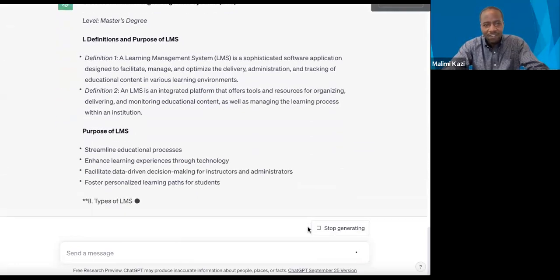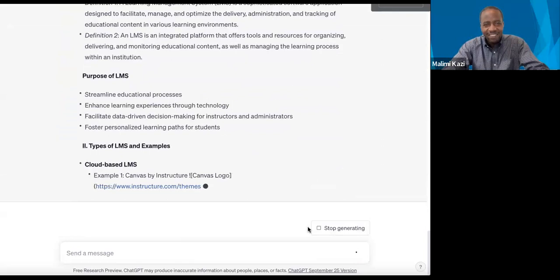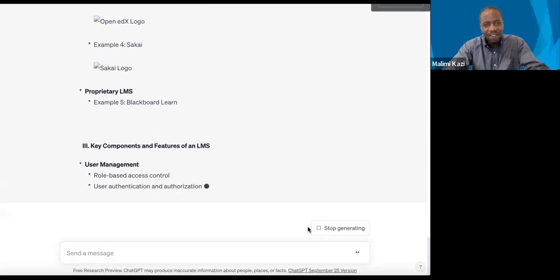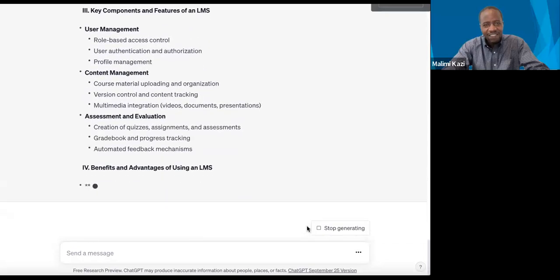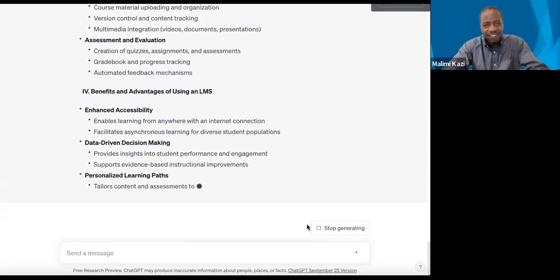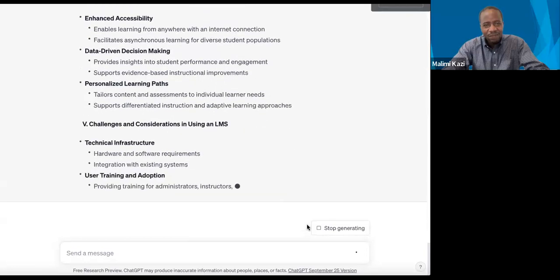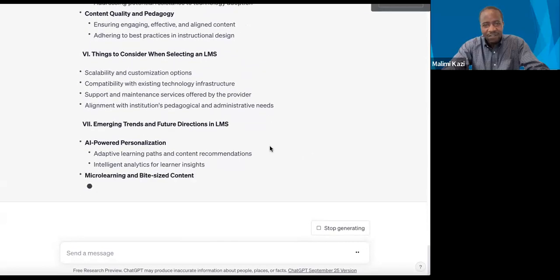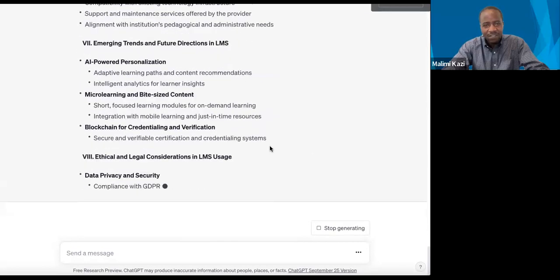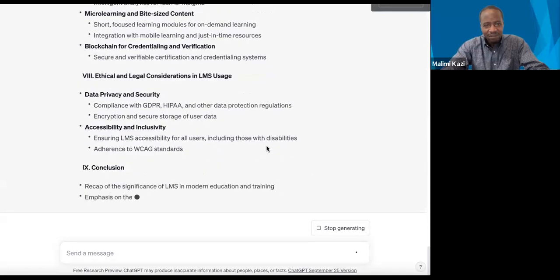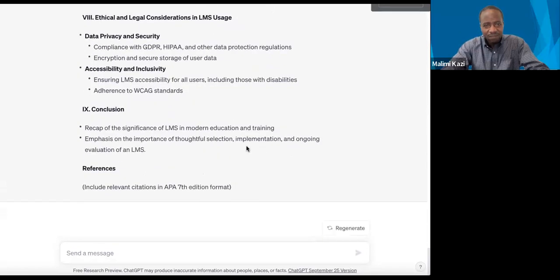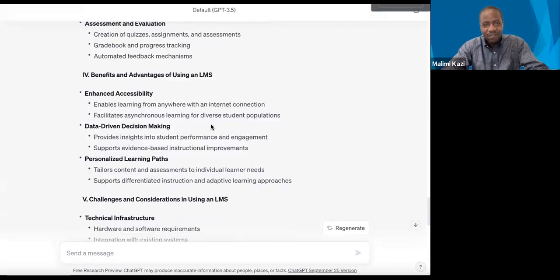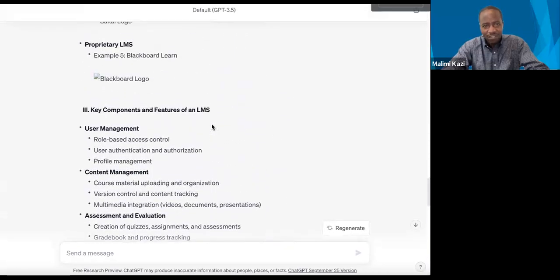It is really fast writing. It is going very fast producing these notes as I wanted. All right, let us see if it included everything which I wanted.